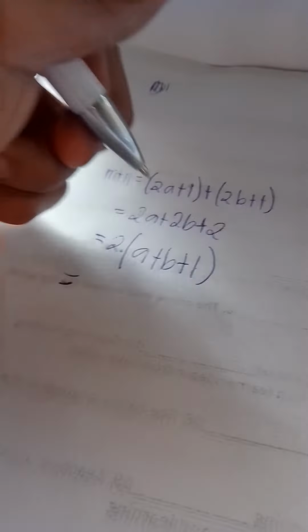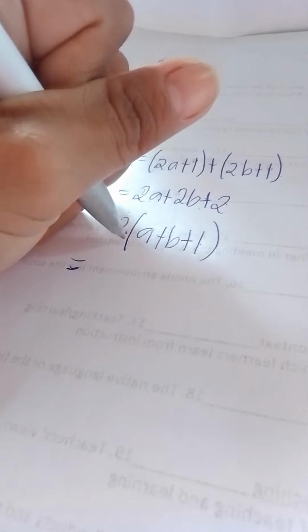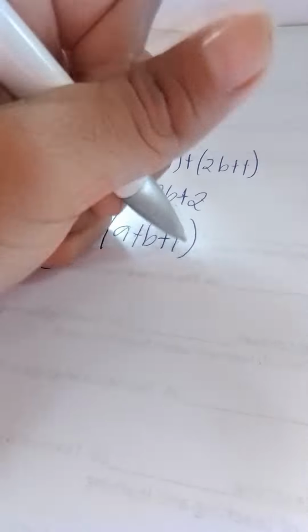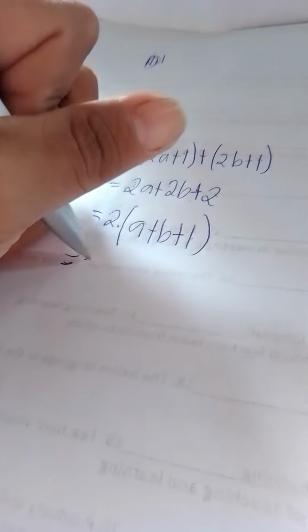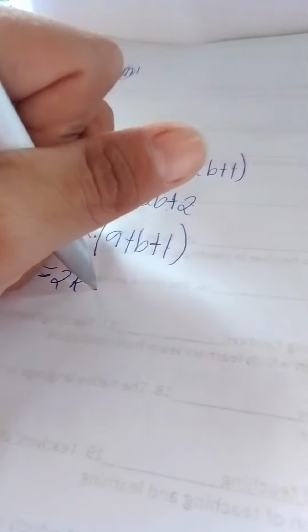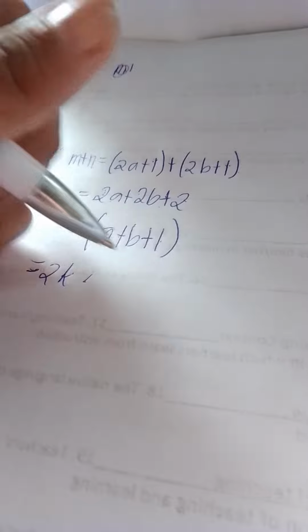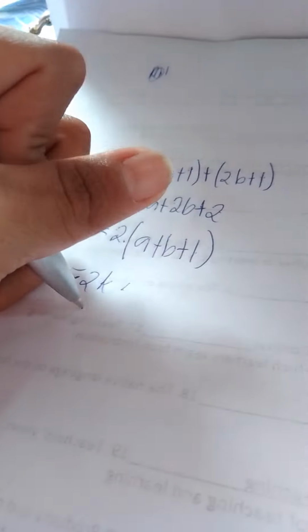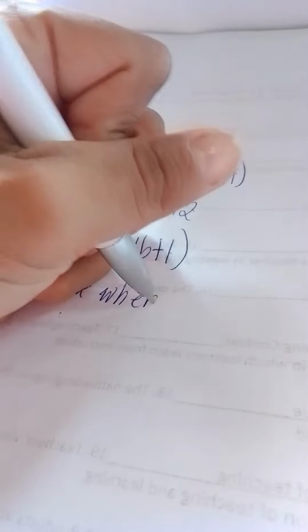Since we have 2 times the quantity of a plus b plus 1, we are going to say it is 2k, where k is equal to a plus b plus 1.